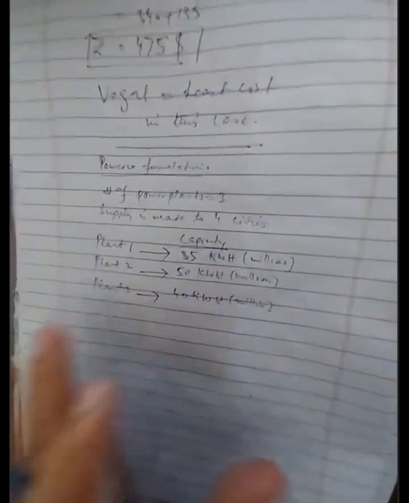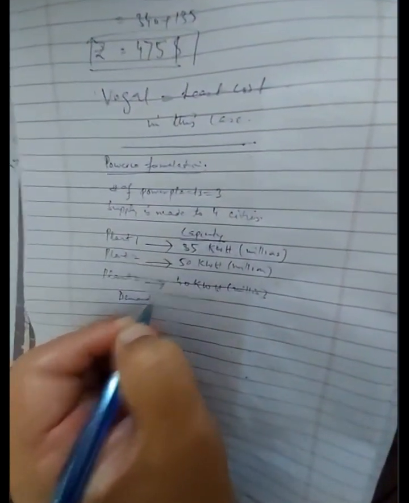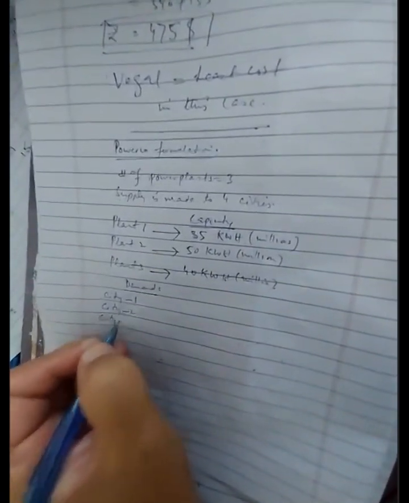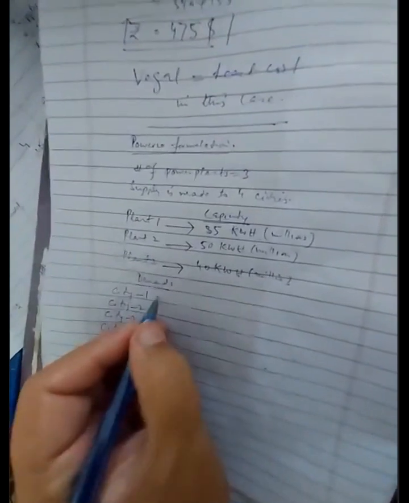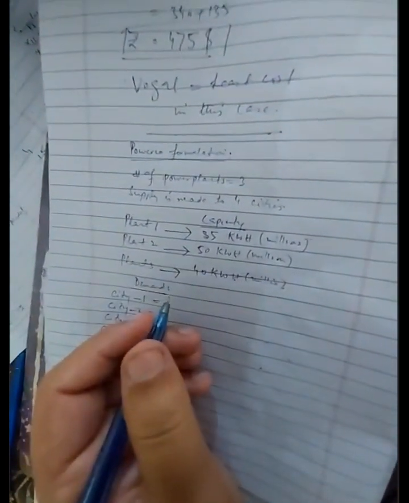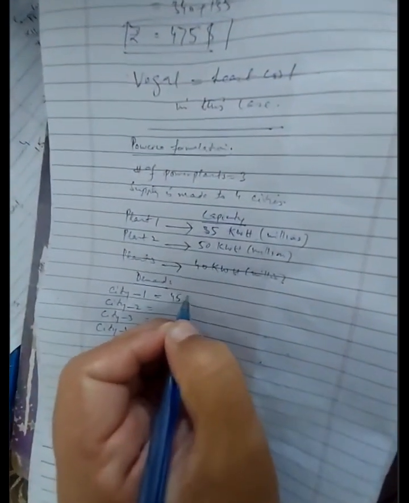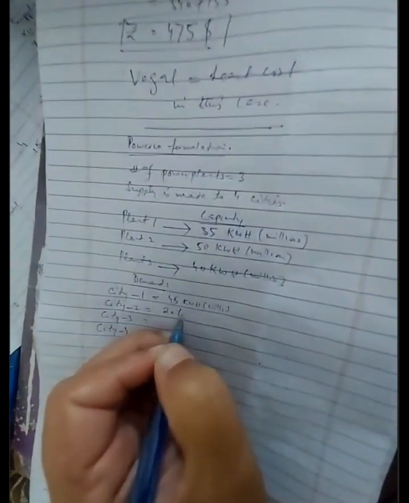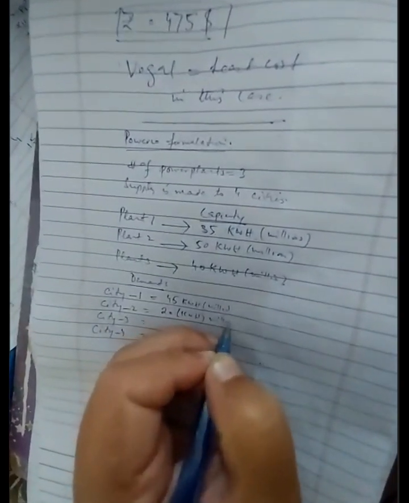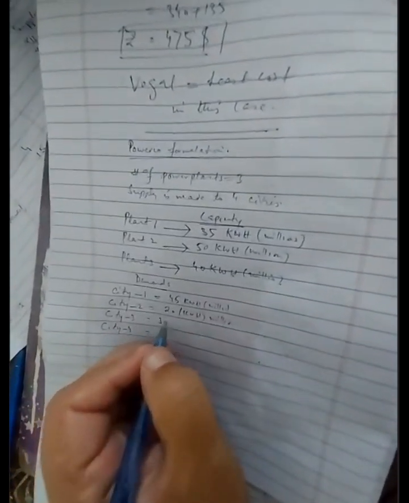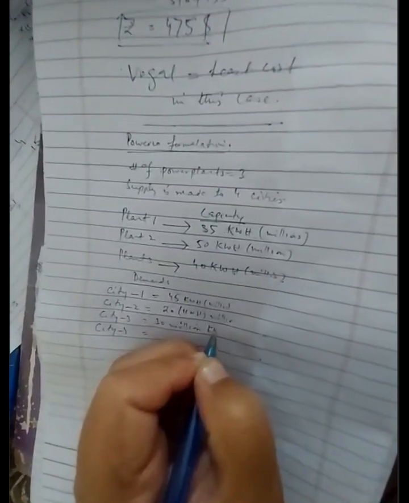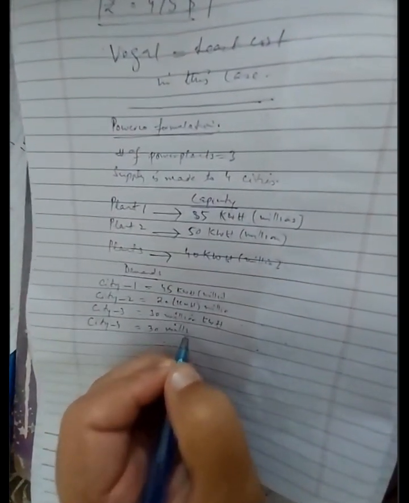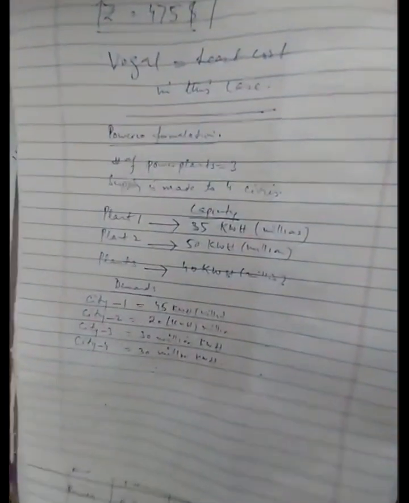I will now write the demands for city 1, city 2, city 3, and city 4: 45 million kilowatt hours, city 2 has 20 million kilowatt hours, city 3 has 30 million kilowatt hours, and city 4 also has 30 million kilowatt hours.